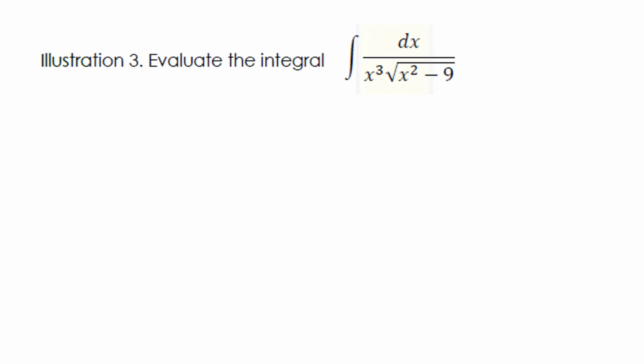So we will try to use trigonometric substitution for a variable minus a constant. It is suggested that we use u is equal to a secant theta and du is equal to a secant theta tangent theta d theta.